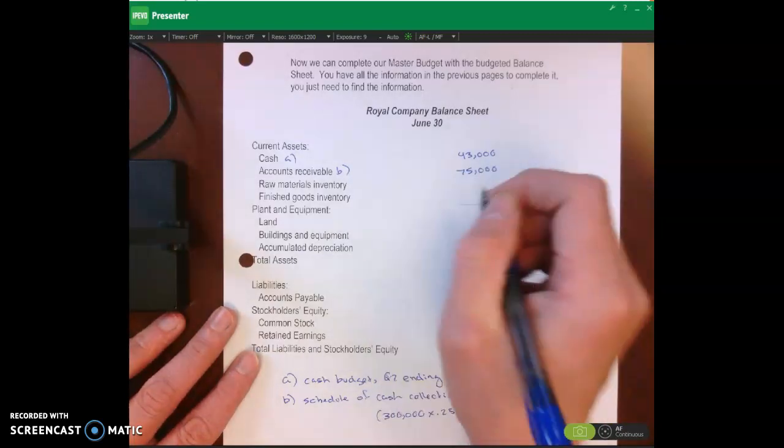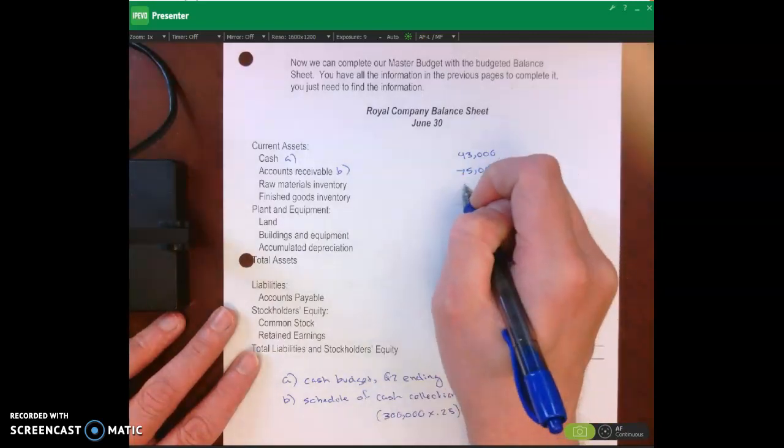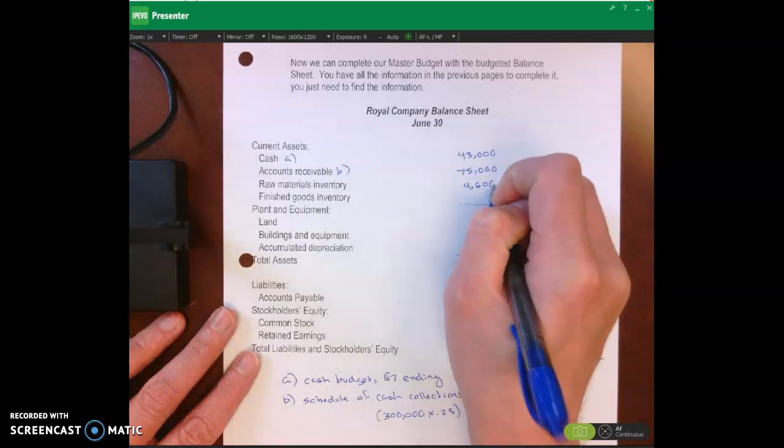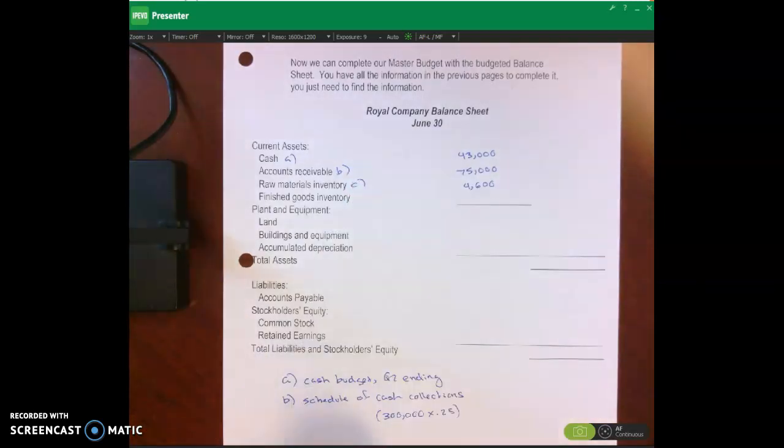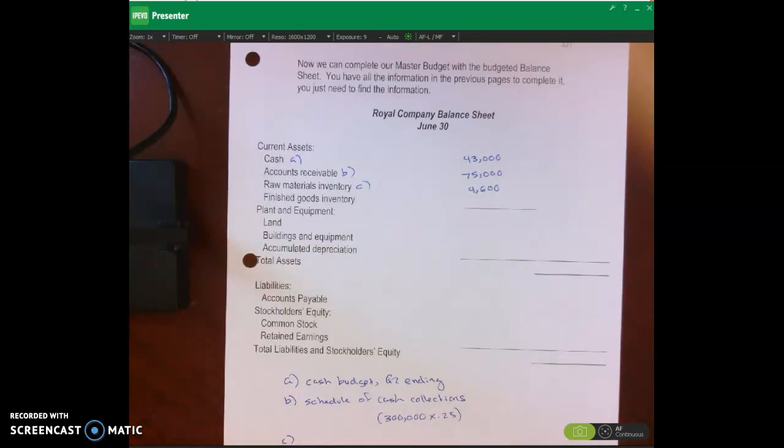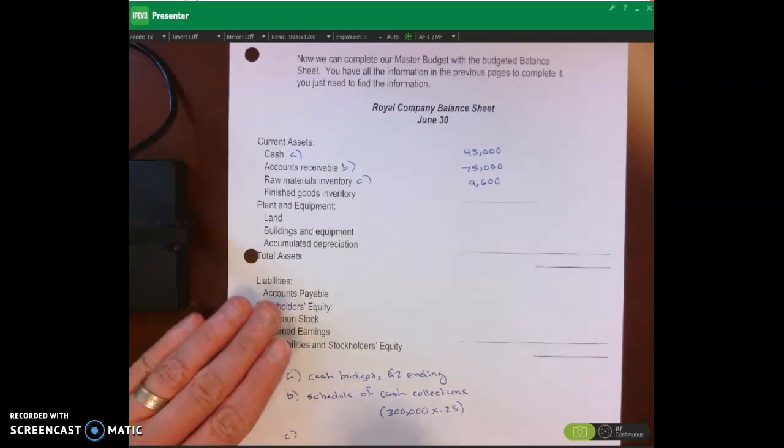Okay. Raw materials is $4,600. And I'll put a C here. And that was from our direct materials budget.